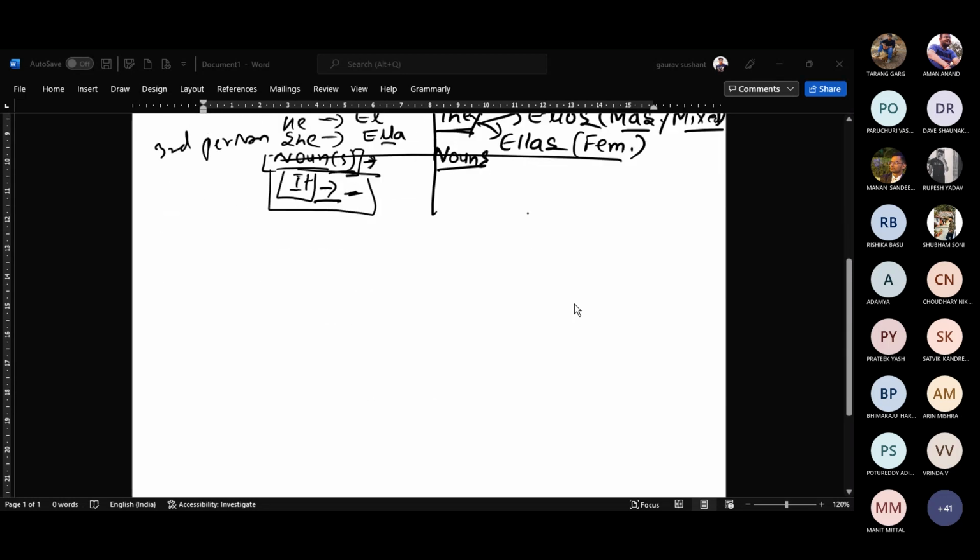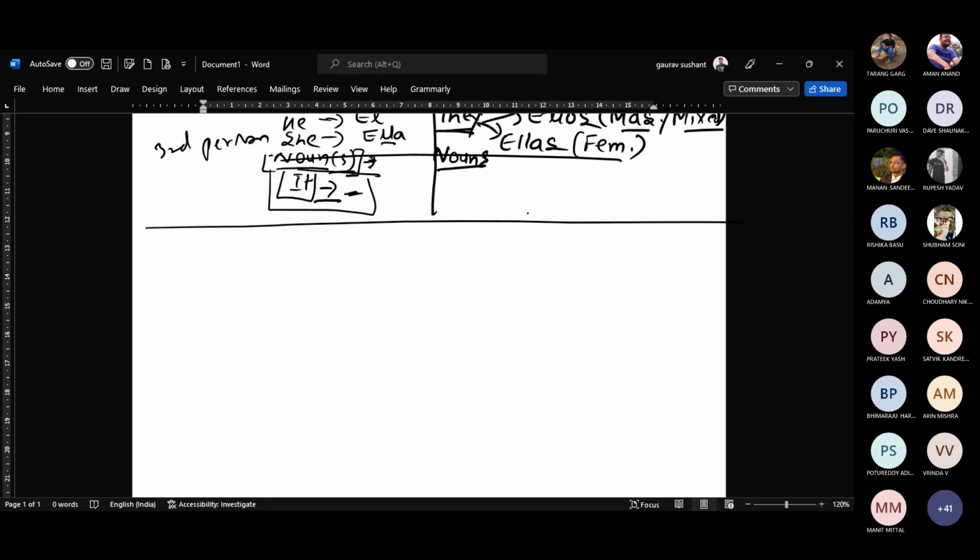Now from these personal pronouns, I am moving on to the first verb in Spanish. That is basically going to help you introduce yourself. You can tell your name, where you are, and what you do. All these things can be said using that particular verb.